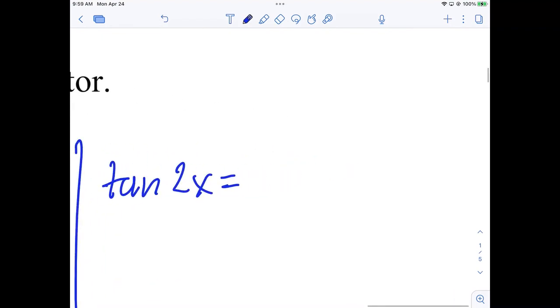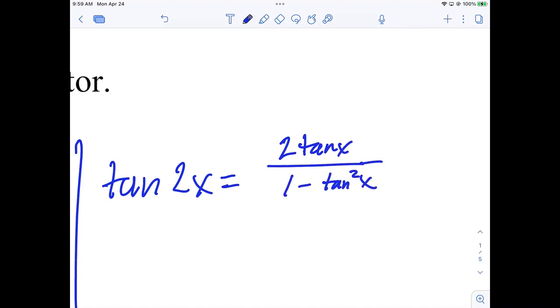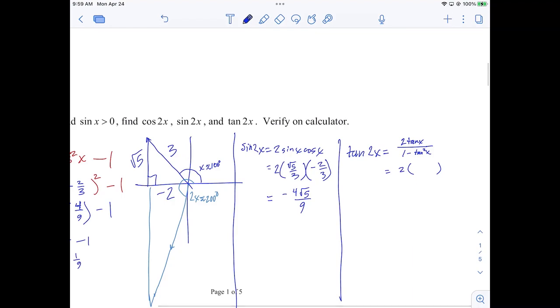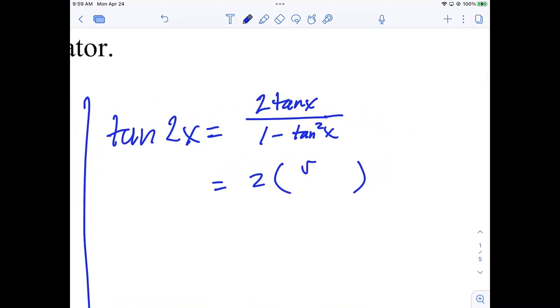Tangent of 2x is going to be 2 tangent of x all over 1 minus tangent squared. So we have to memorize that one. And now I'll plug in. This one's going to be fun. What's the tangent? It's square root of 5 over negative 2, all over 1 minus, parentheses, the square root of 5 over negative 2, squared.